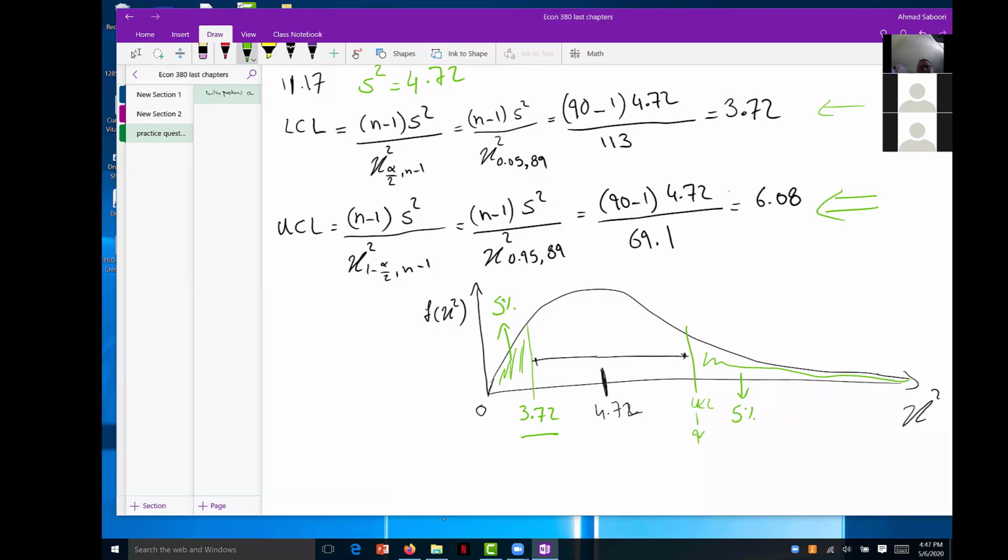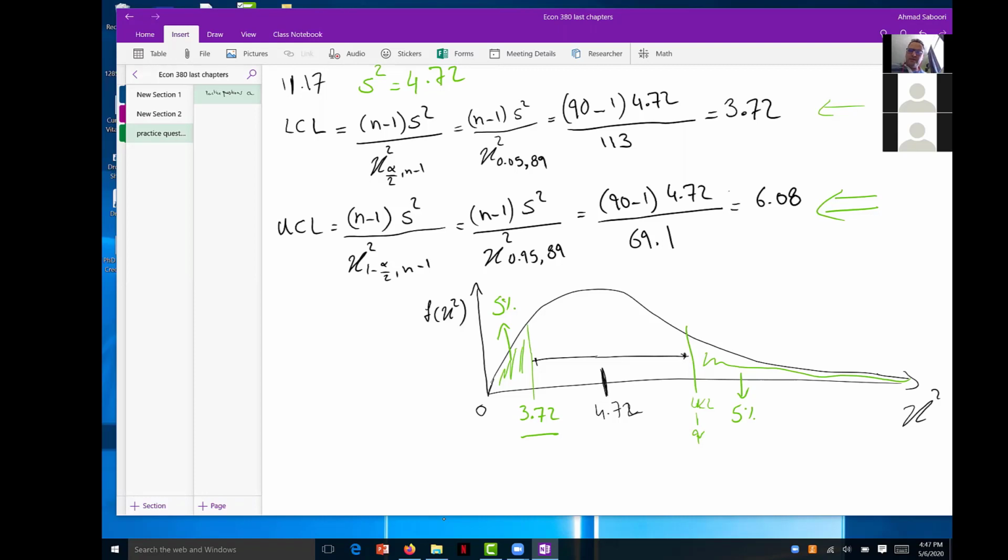We look here, and what we see is that there is no 89, there's just 90. So 90 is the closest value to 89 degrees of freedom, so we just go with the 90. Then we are looking for the value of 95%, which is here: 69.1, right?